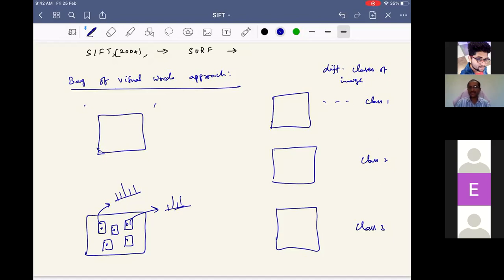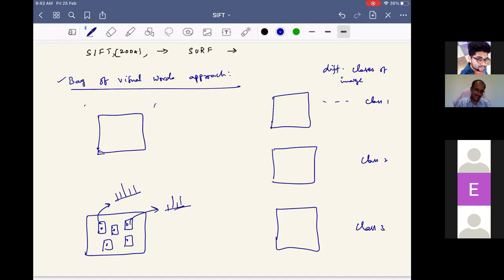This bag of visual words gives a representation of the object. That means if we have the features at different local regions or different parts of the object, can I make a collected decision or collected representation of the object by putting together all these features? Can I benefit from that? That is being appraised by bag of visual words.